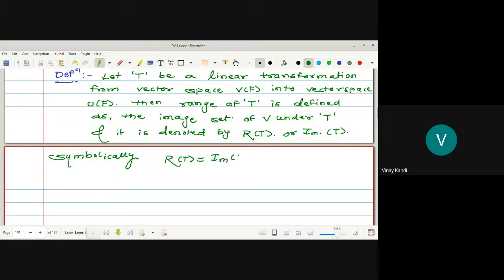All the images under T. Let T be the linear transformation from the vector space V over F to U over F.